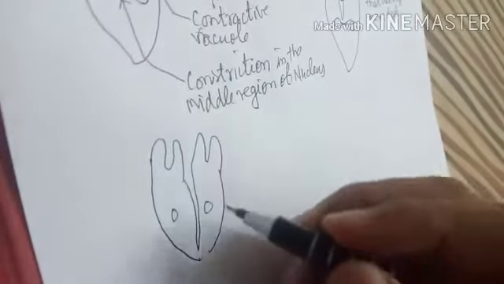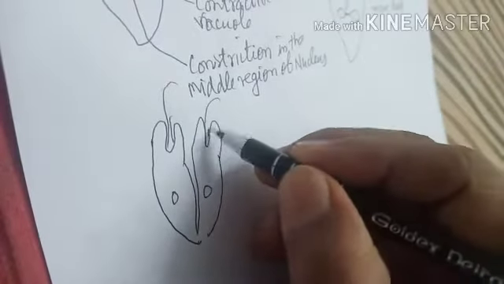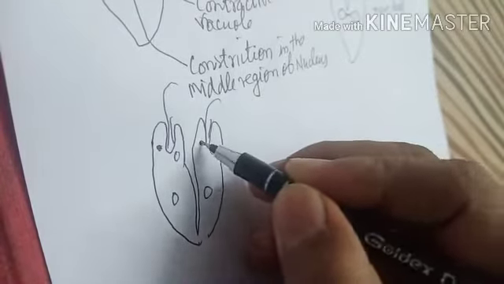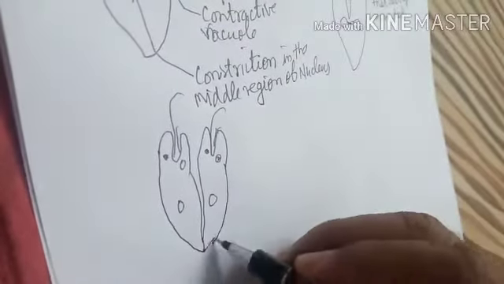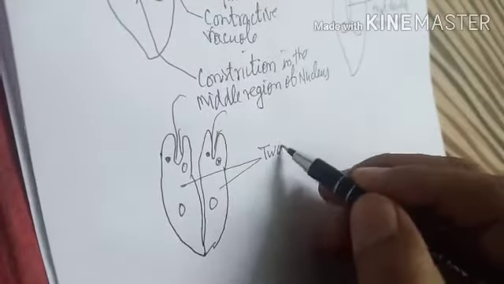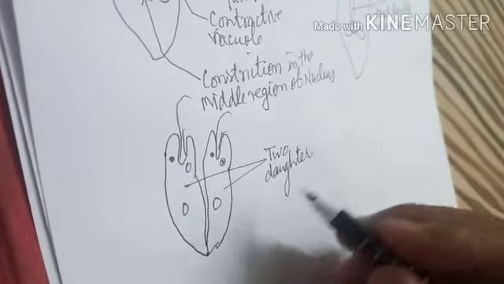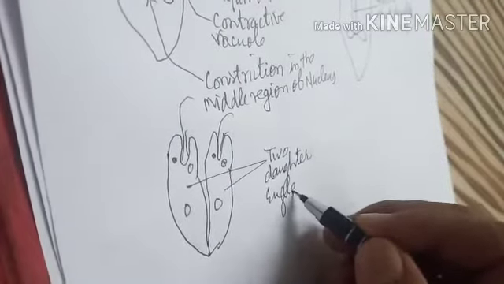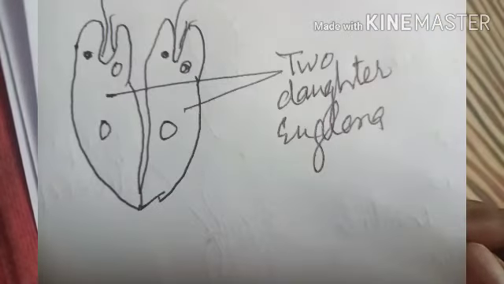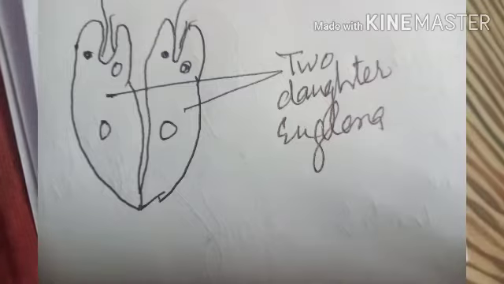Here are two separate nuclei, contractile vacuoles, flagella, eye spots, and then in this way we will get two daughter euglena by binary fission, and this binary fission is longitudinal.